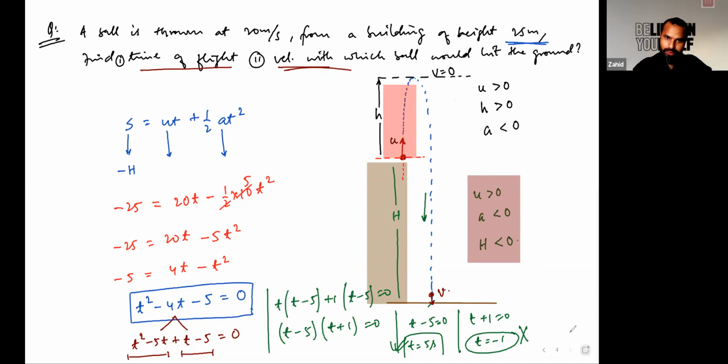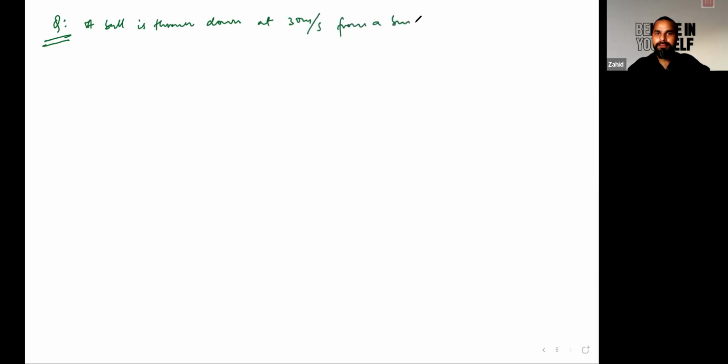I'm giving you one more problem. A ball is thrown downward at 30 meters per second from a building. It hits the ground at 80 meters per second.